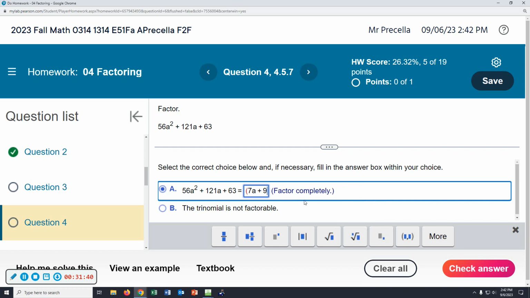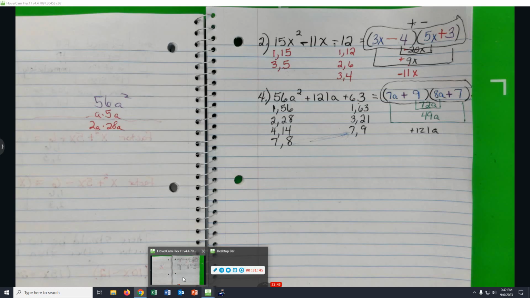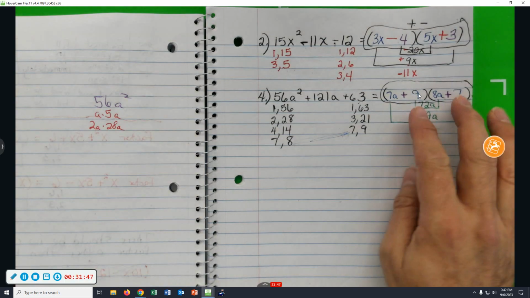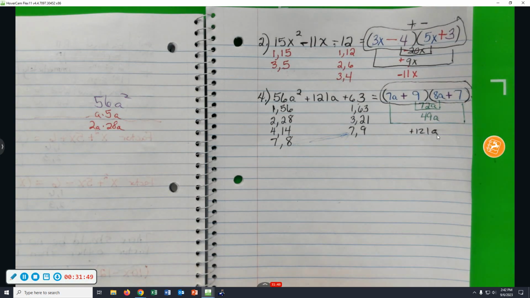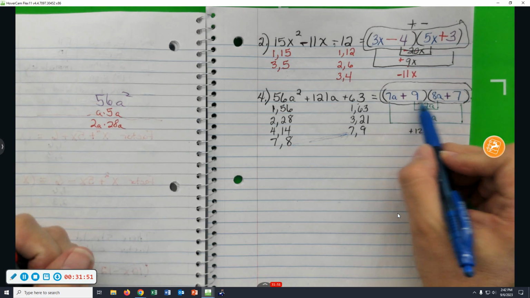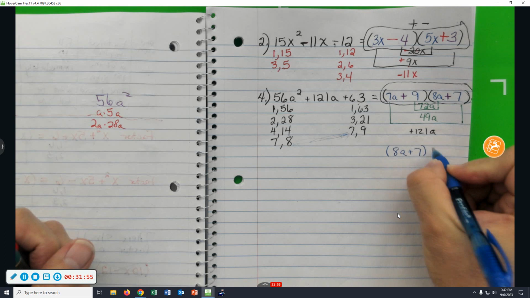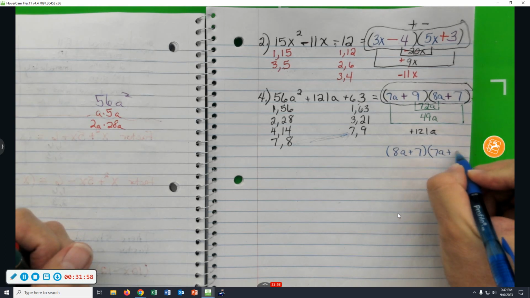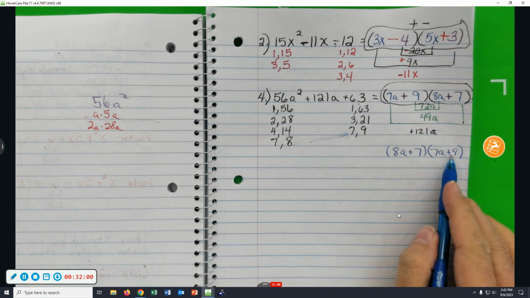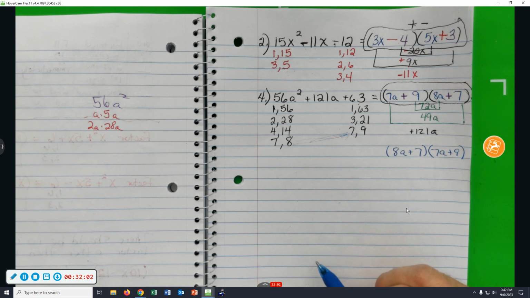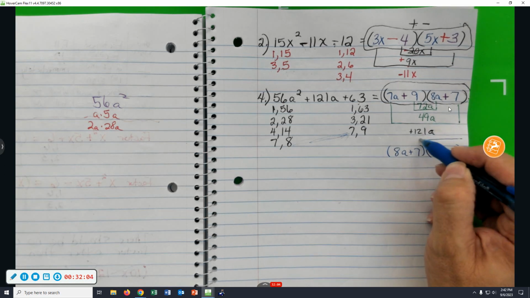Hey, let's do that. Just because of how I have it written, the order doesn't matter. There's two answers. You could write it like that, or like this: 8a plus 7 times 7a plus 9. You have to have the same thing inside the parentheses, but it can be in either order.